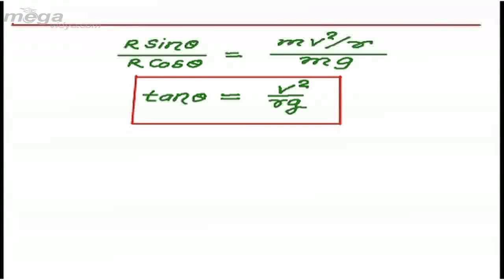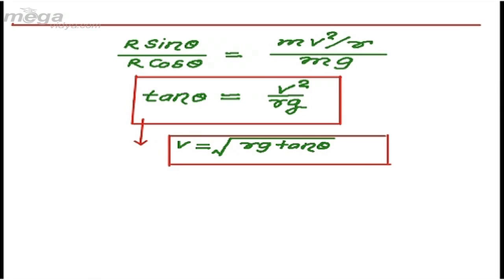If we know the banking angle and the radius of curvature of the path, then by using this formula in this form, v equals under root of r g tan theta.